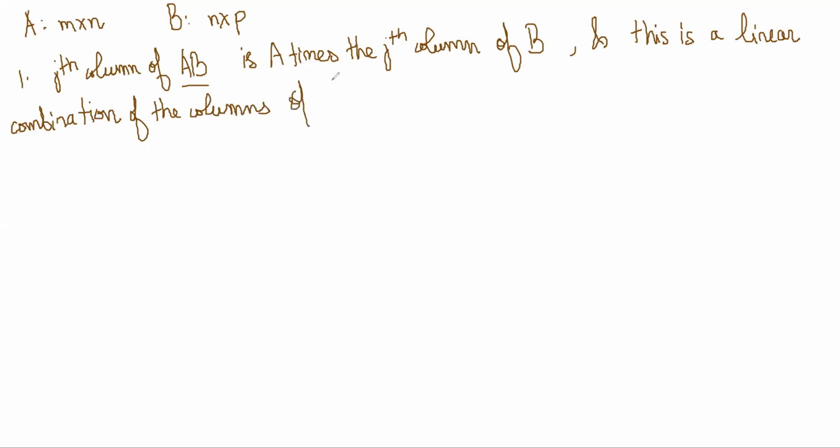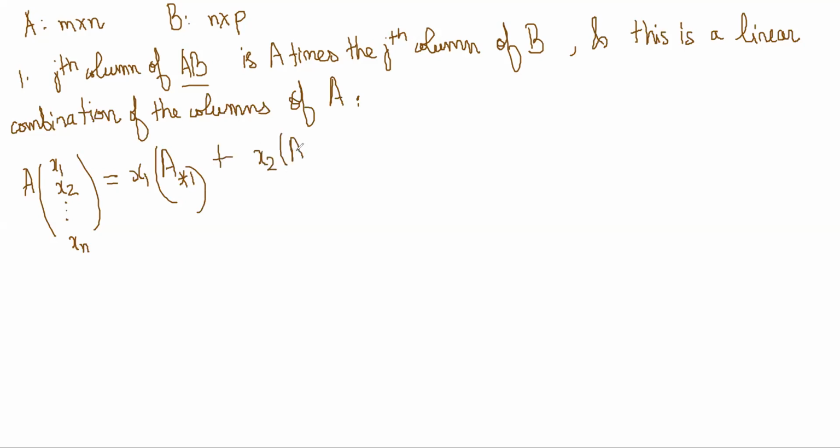Now it will be a little clearer. First of all, remember what we got when we did this: x1, x2, up to xn, and we wrote it as x1 A star 1 plus x2 A star 2 plus, up to A star n, right?